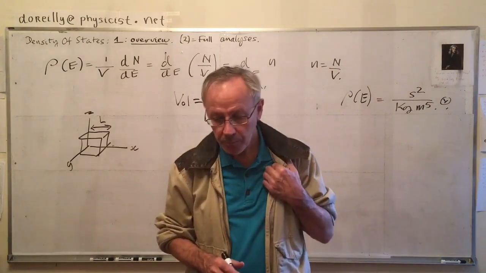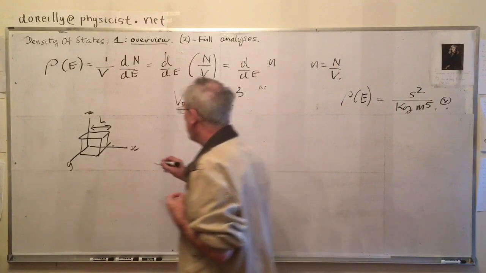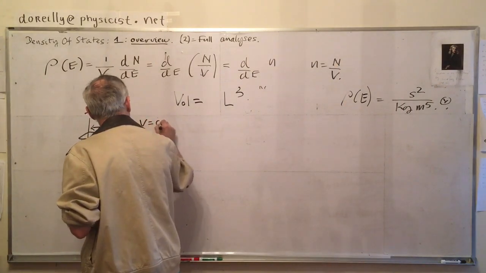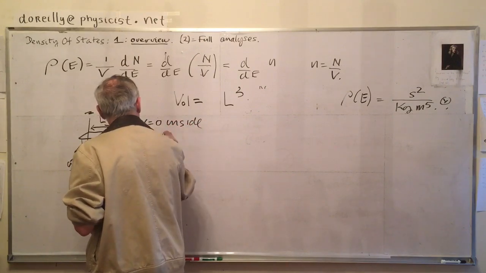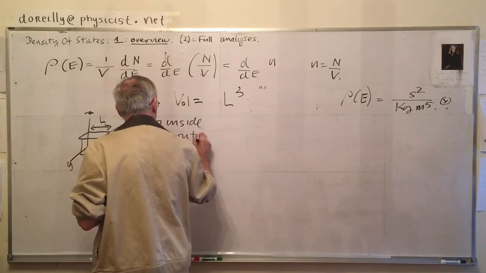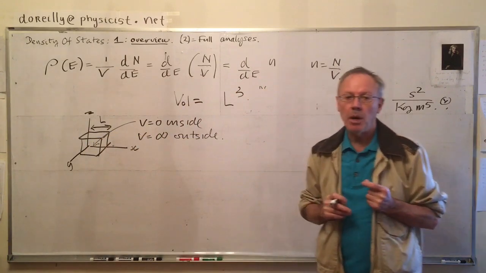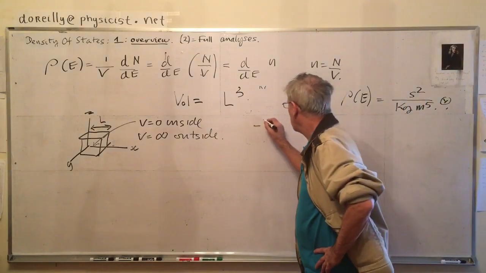So the particles are confined within this region, and we solve the Schrödinger equation such that the following is true: the potential is 0 inside the box and infinite outside the box. And that's what we get.